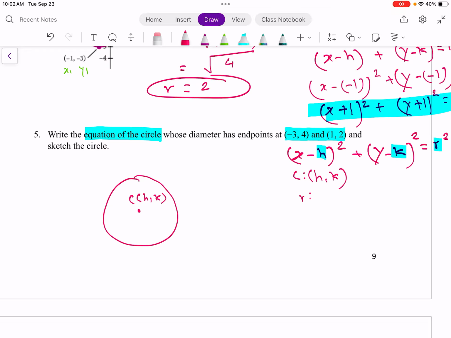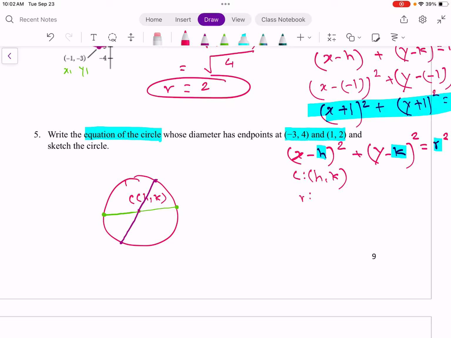The diameter is a straight line passing through the center and touching two points on the circle. So let's draw a straight line. It has to pass through the center and touch two points on the circle. We can draw an infinite number of diameters, so this is also a diameter if you want to draw it.